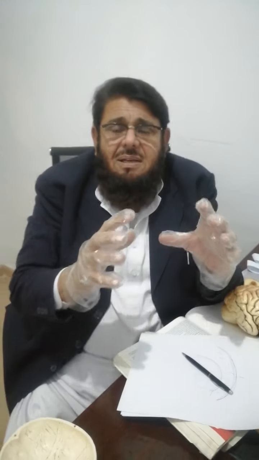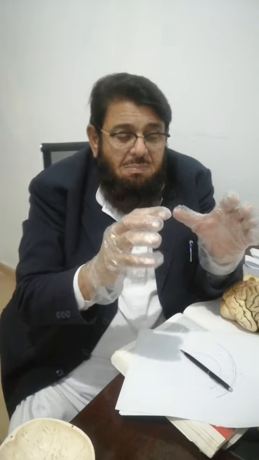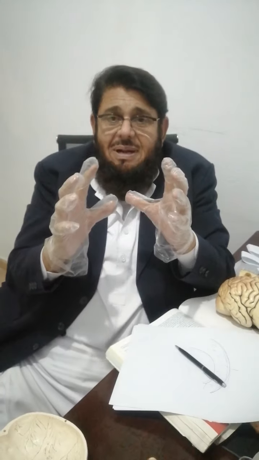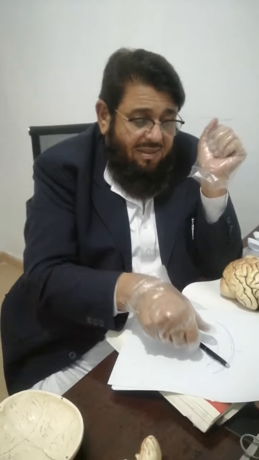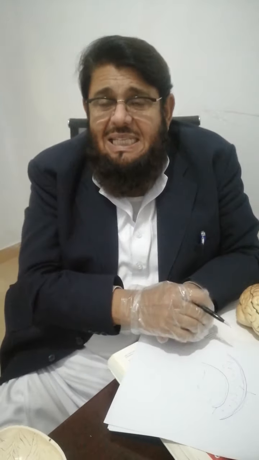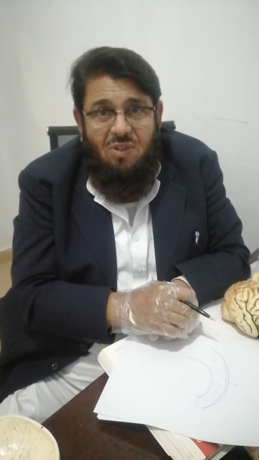So describing the dura mater, it is a thick fibrous membrane, and anatomists have described the dura mater as consisting of two layers. The outer layer is called the endosteal layer, and the inner layer is called the meningeal layer of the dura mater.